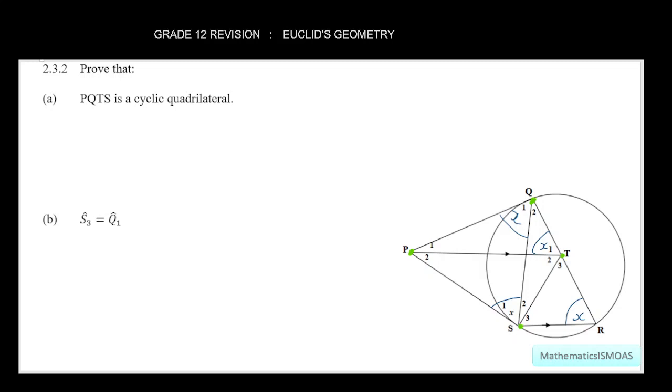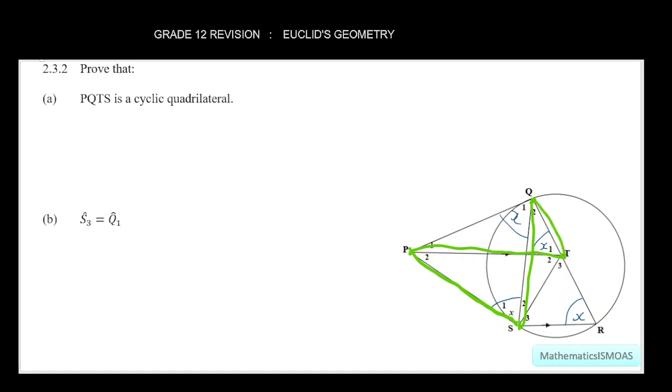All right. Now, let us have a look at quadrilateral PQTS. Look at line PQ. Line PQ subtends angle S1, but also line PQ subtends angle T1.